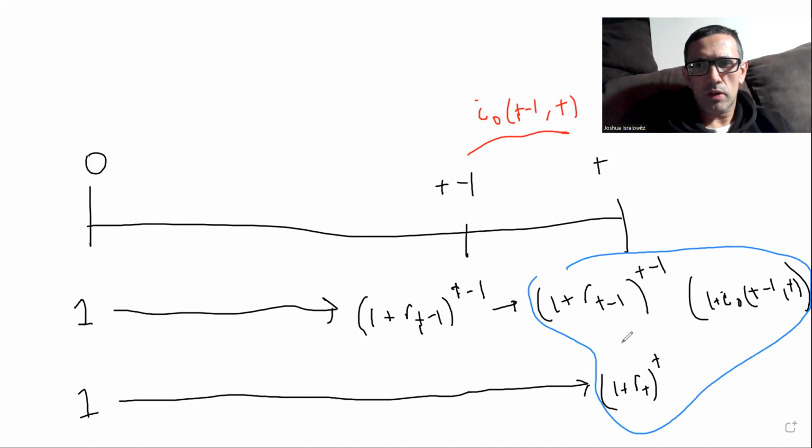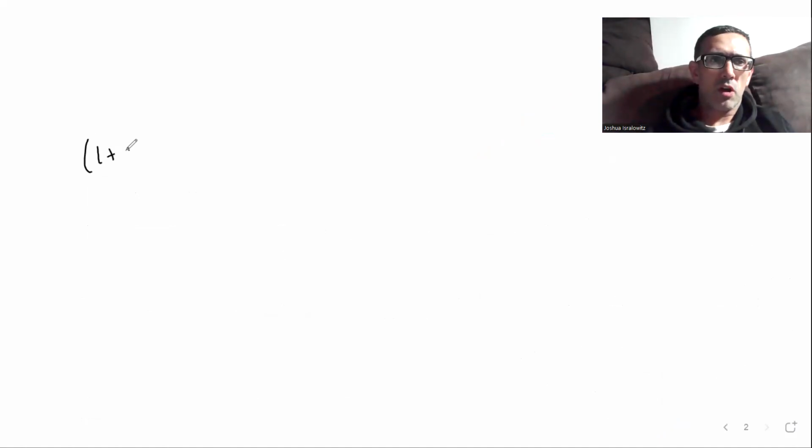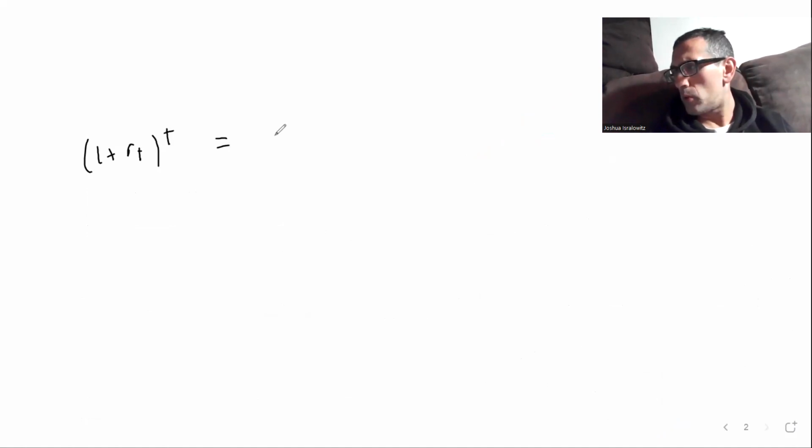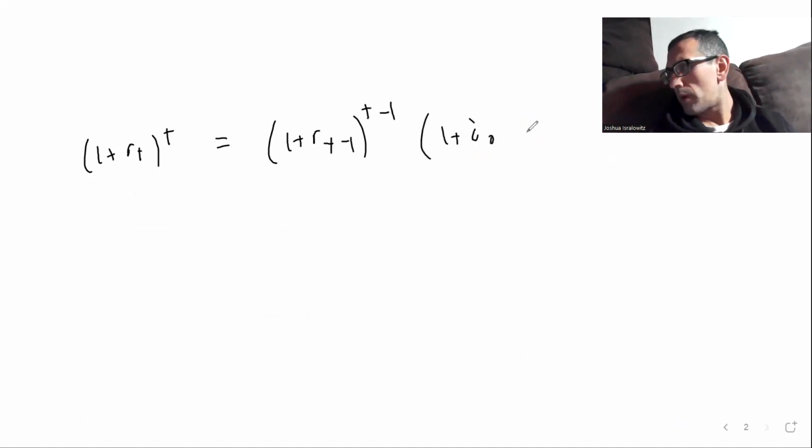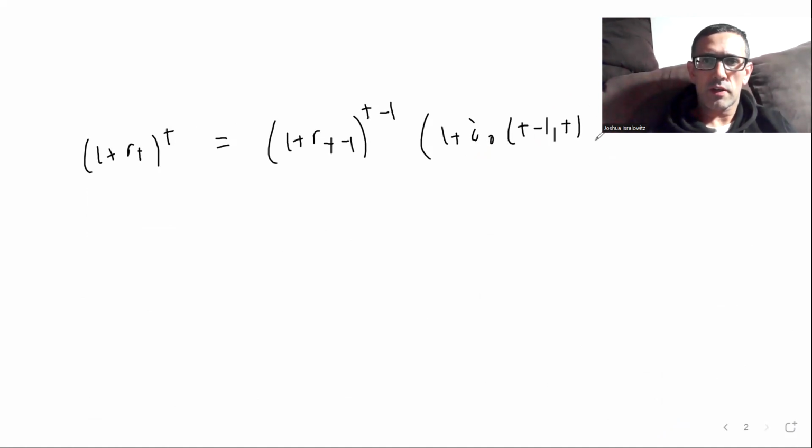So these two are equal. Okay. So we have that 1 plus Rt to the t is going to be equal to 1 plus Rt minus 1 to the t minus 1 times 1 plus I0 t minus 1 t.